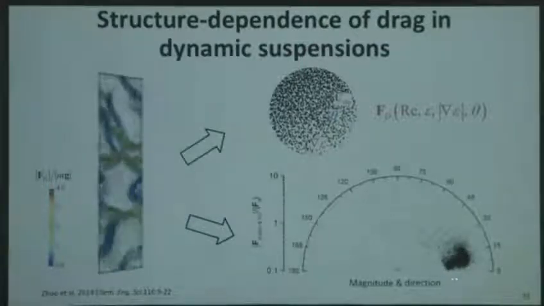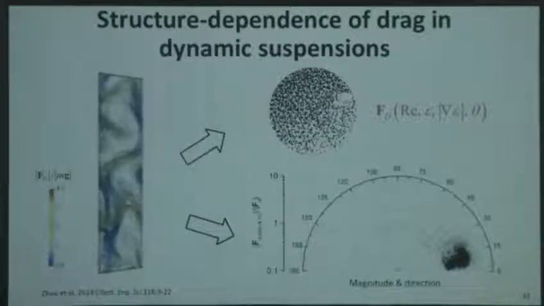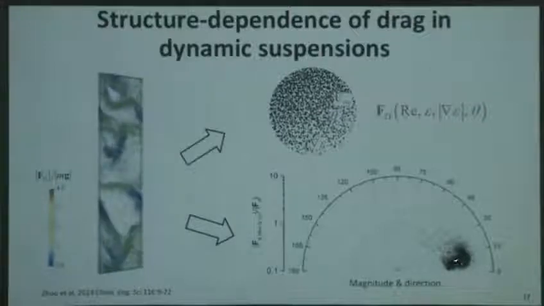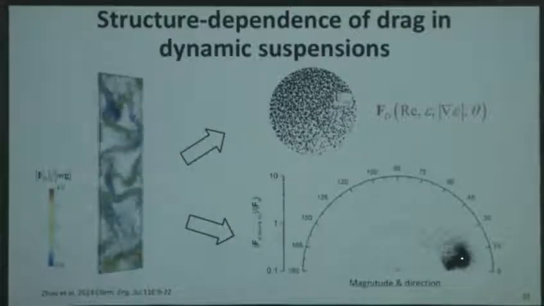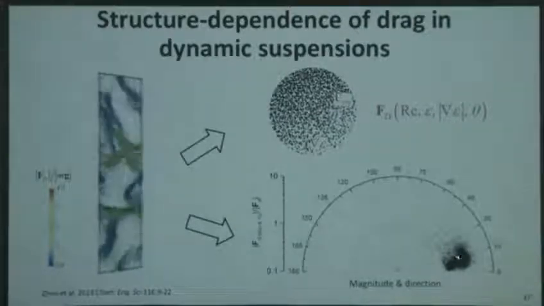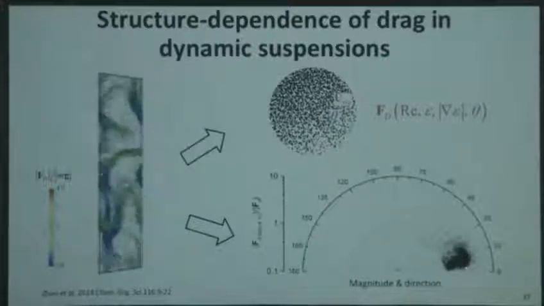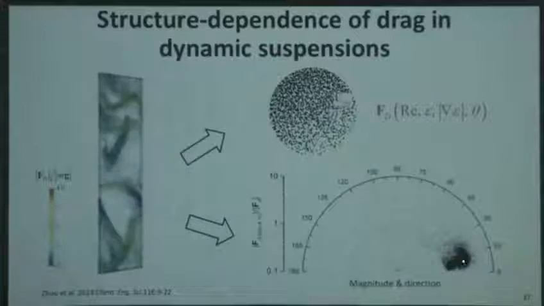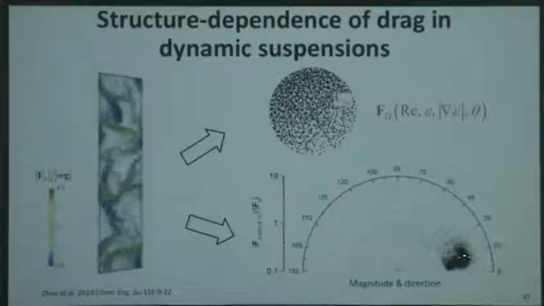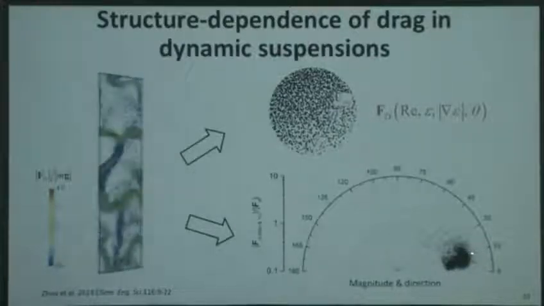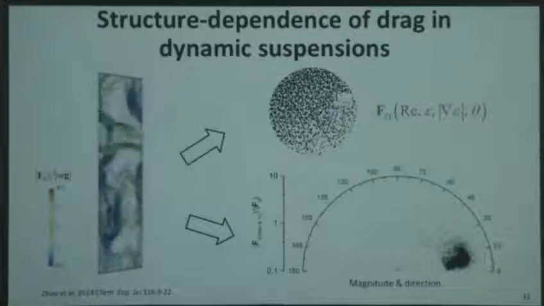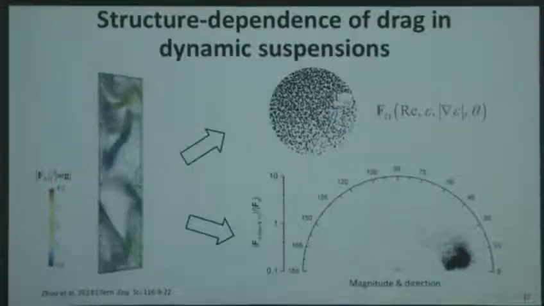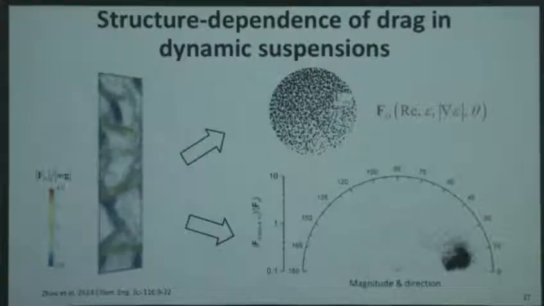The interesting thing is that the most probable particle drag force does not coincide with the vertical gravity. We measured almost 10 to 15 degrees of bias in the sampling.